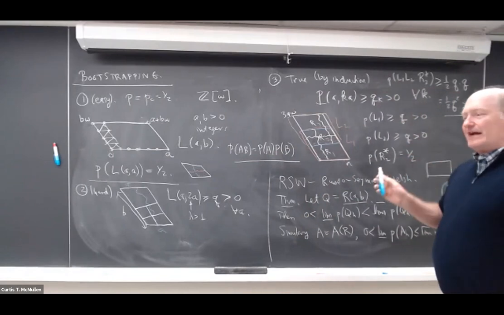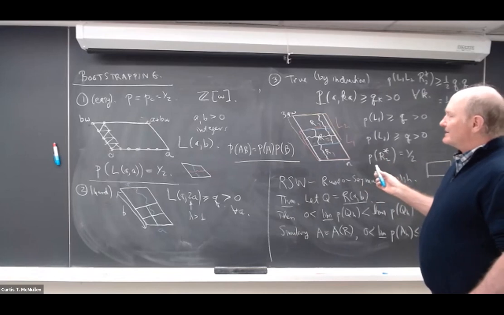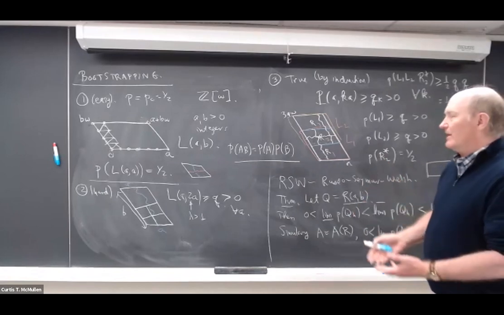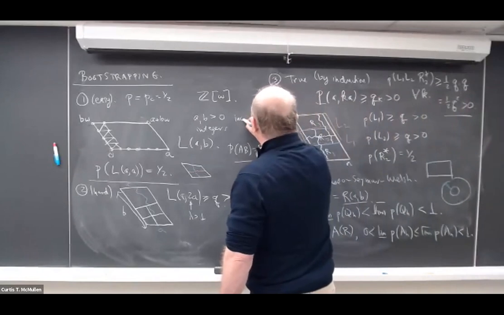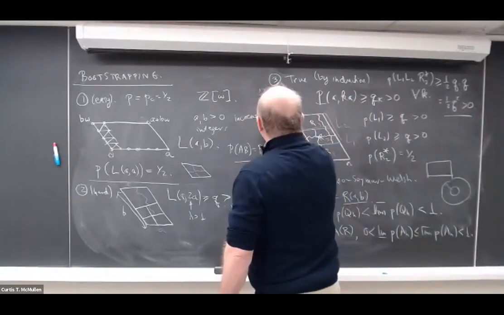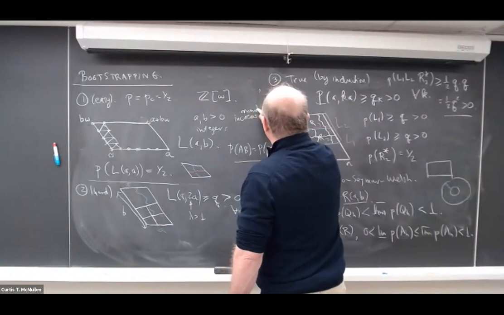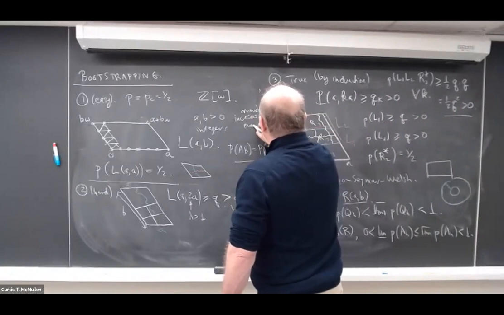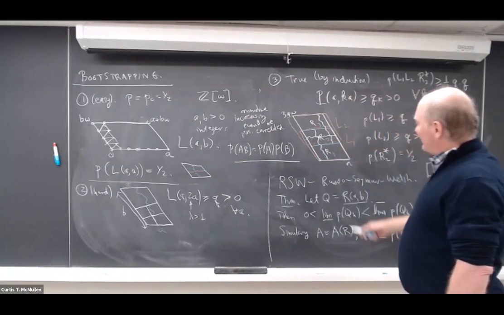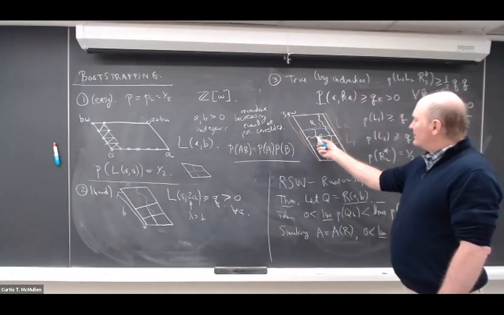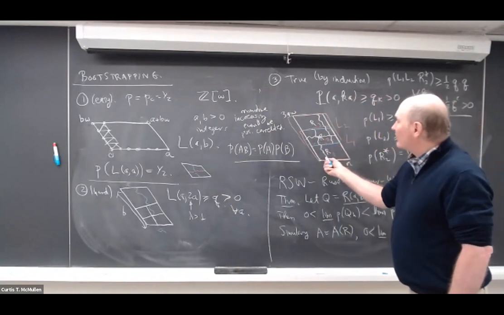And there's a very general theorem, which has nothing to do with lattices. It has to do really with logic, that says increasing or monotone increasing events are positively correlated. They're not necessarily independent, but in fact, when R2 is true, it makes it more likely that R1 is true.